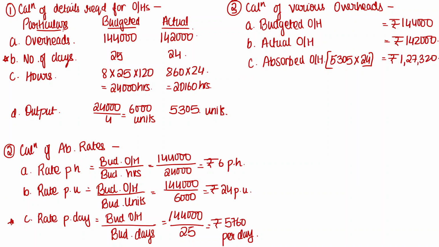Next, if you would have taken it on the basis of hours, you could have done 20,160 into 6. Your answer would have been different. I'm again telling you, point number D, this is a new overhead for you called a standard overhead.